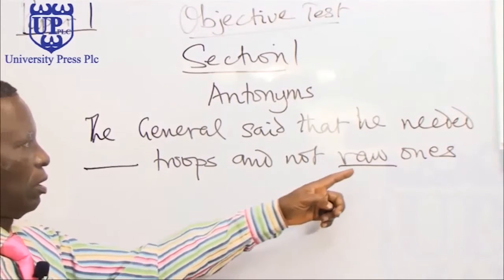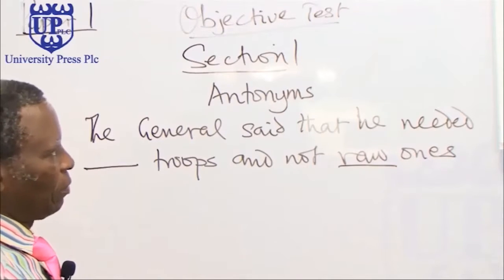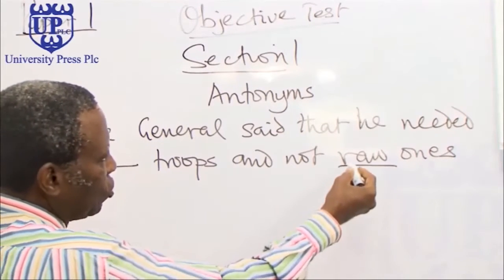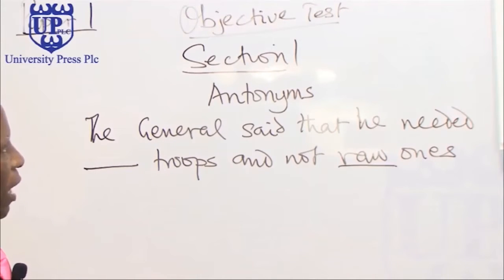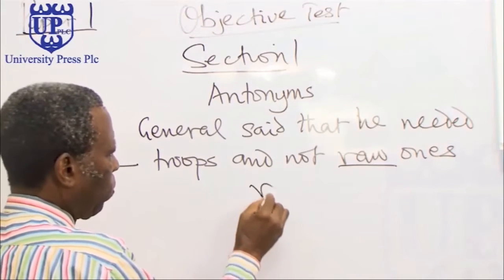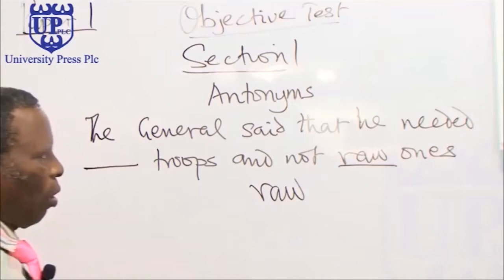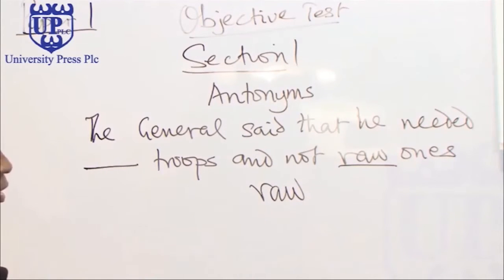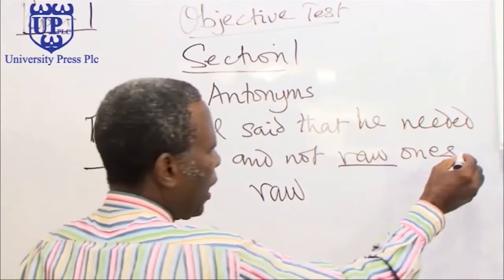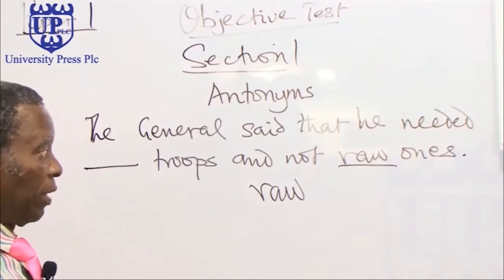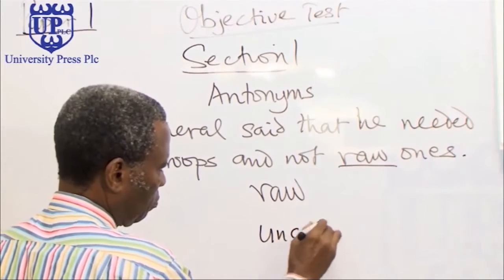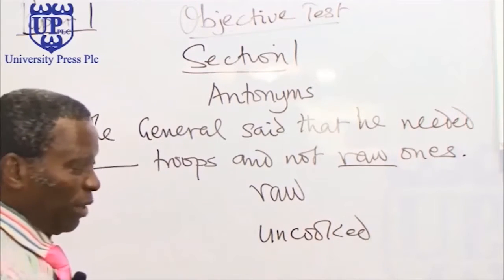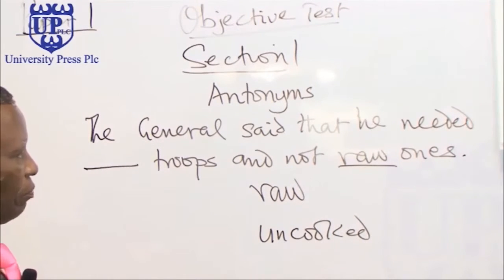You are asked to give the antonym, the word most opposite in meaning to this word. You are going to put it in this gap there. Now look at the word raw. Raw, in this case, what does it mean? Ordinarily, you may think that raw means uncooked. How about raw meat? Uncooked meat.